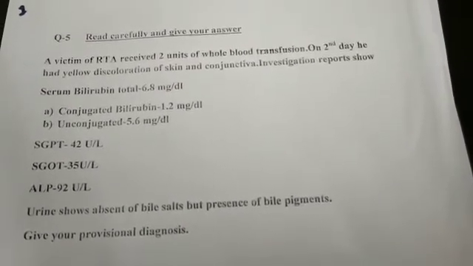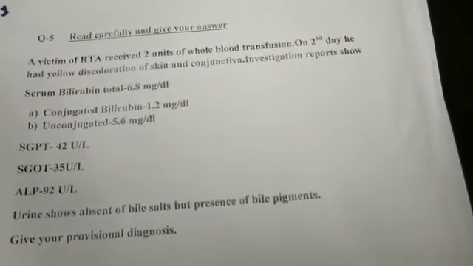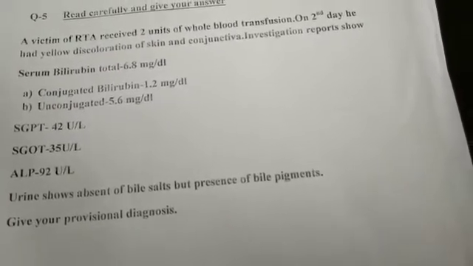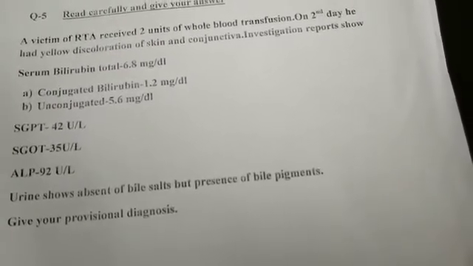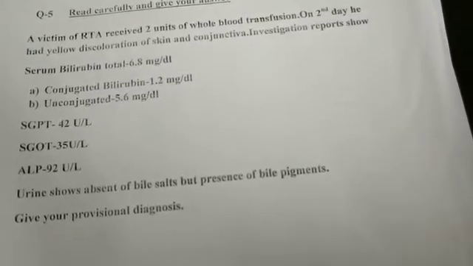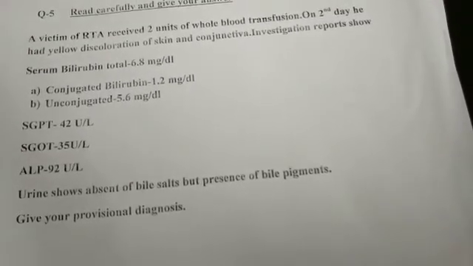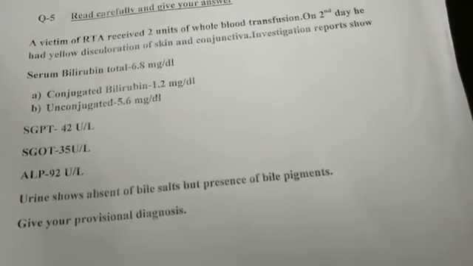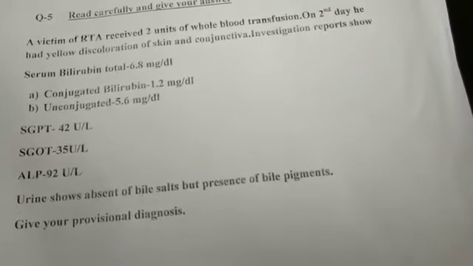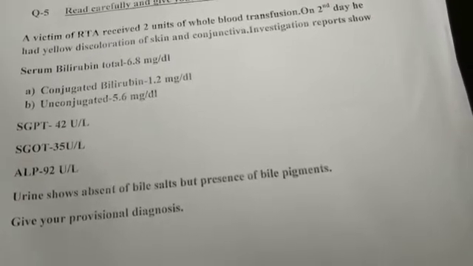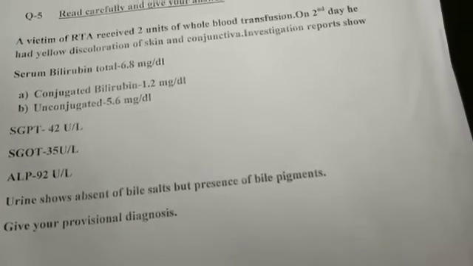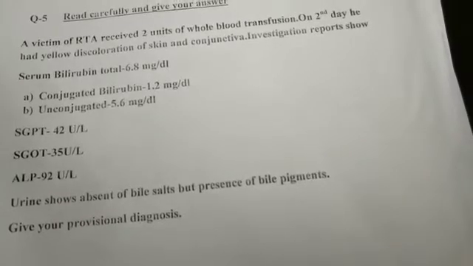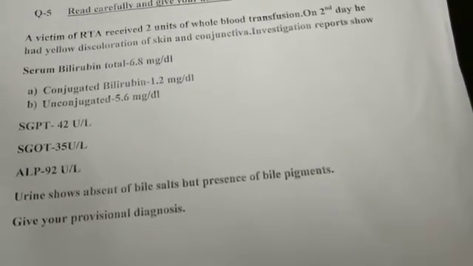Investigation reports show serum bilirubin total 6.8 mg per dl, conjugated bilirubin 1.2 mg per dl, unconjugated 5.6 milligram per dl, SGPT 42 unit per liter, SGOT 35 unit per liter, alkaline phosphatase 92 unit per liter. Urine shows absence of bile salts but presence of bile pigments. Give your provisional diagnosis.